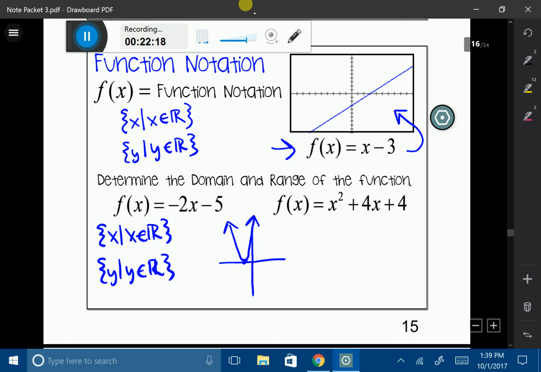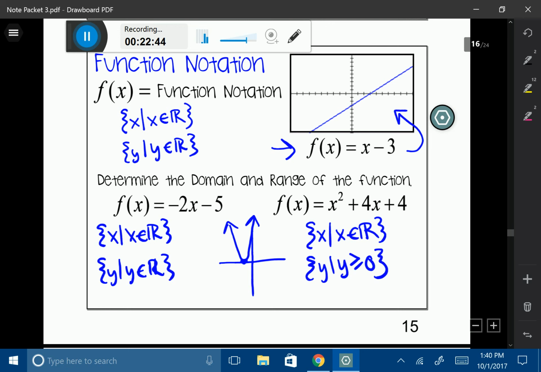And you can see that it extends forever in the positive upward direction. Therefore, my domain value for this one is going to be x such that x exists in the real number system. But my range is going to be a little bit different because my lowest range value is at 0. So I'm going to say y such that y is everything that's greater than or equal to 0.